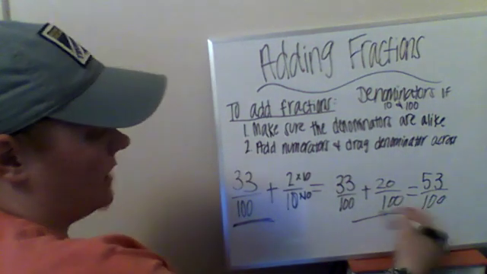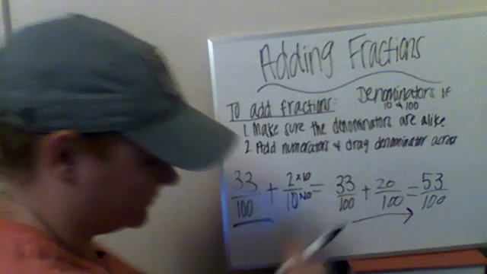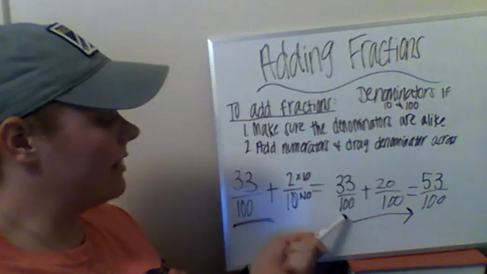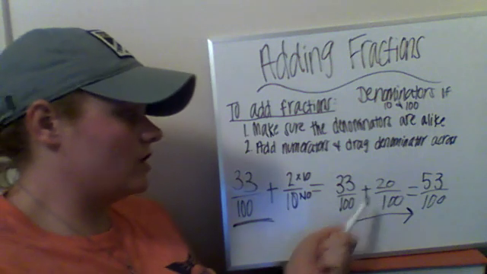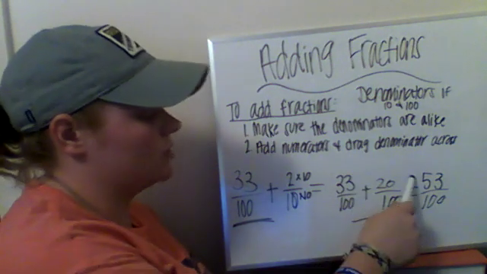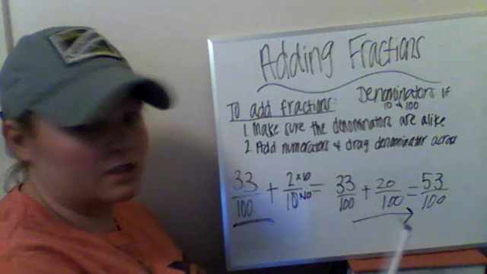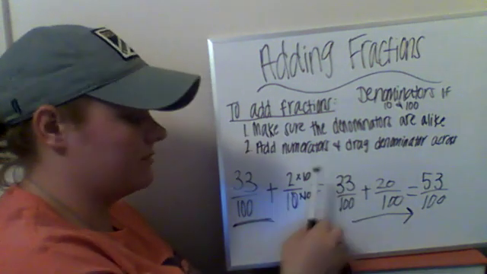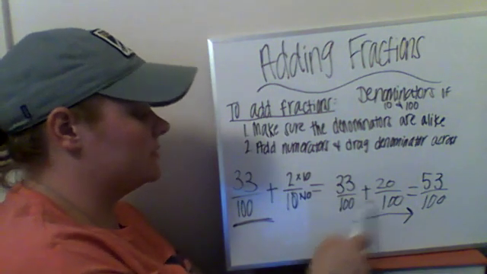I'm going to drag my denominators over. Remember, when you have like denominators, you do not want to add your denominators. You add your numerators across. You do not want to add your denominators across because you spent all this time getting your denominators to be the same.